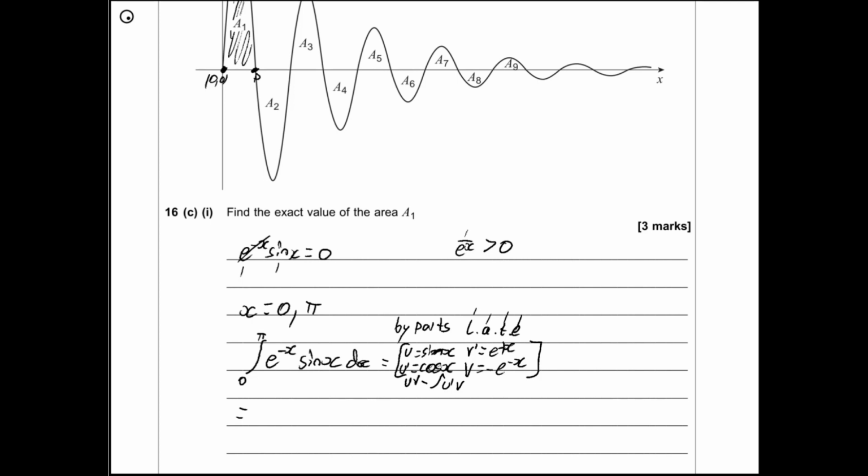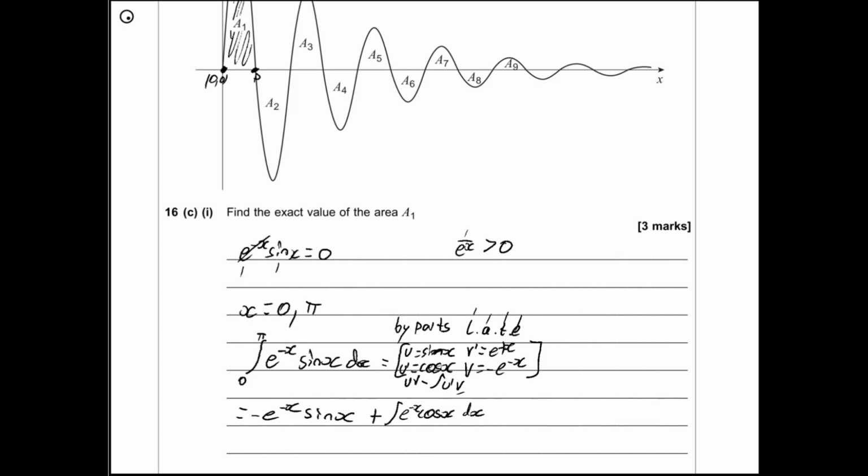So let's make this equal to minus e to the minus x, which is v, times sine x, which is u, minus the integration of u dash, which is cos x, don't forget a dx at the end here, and then v. But we've got a minus right here, so we can actually turn that into a plus in front of the integral sign, because you can take out a minus, and then there we go.